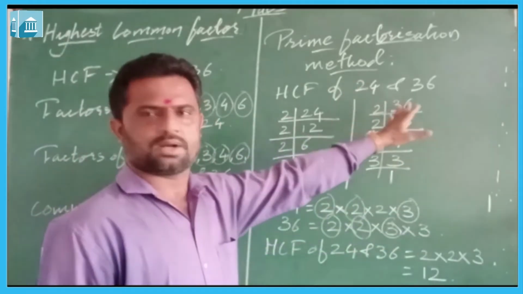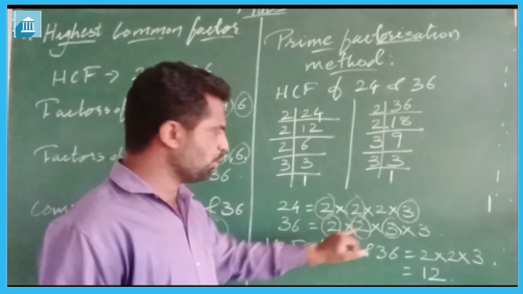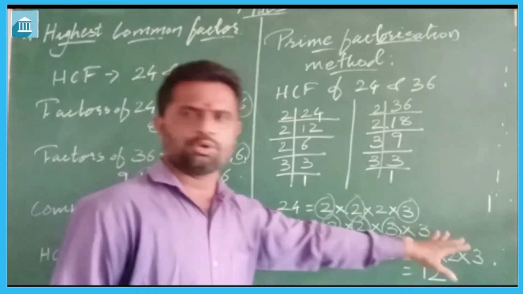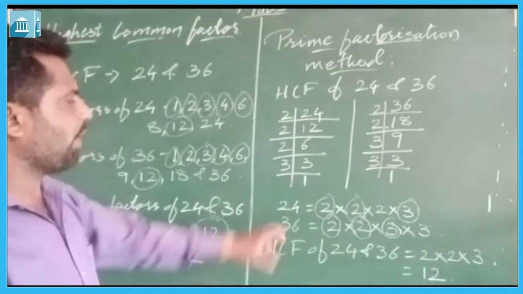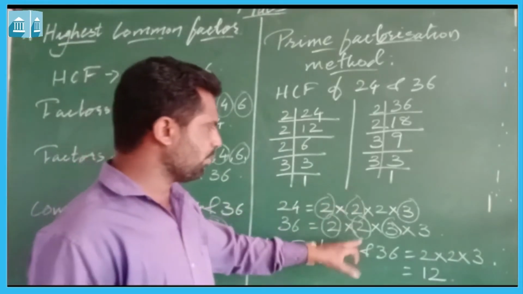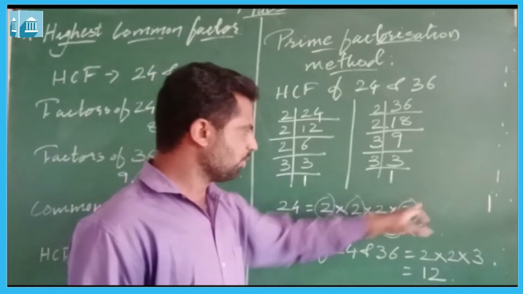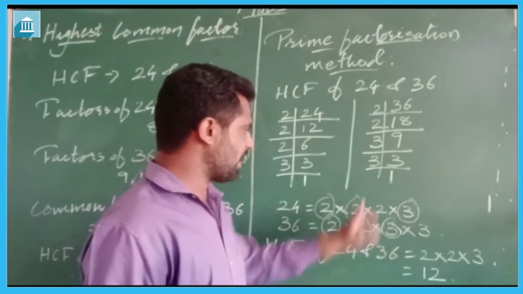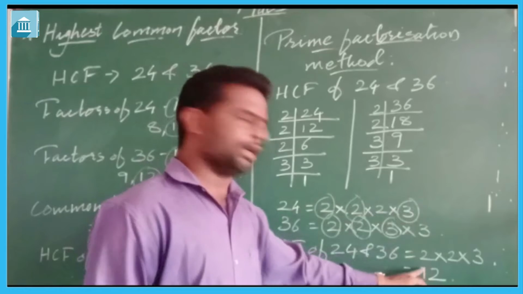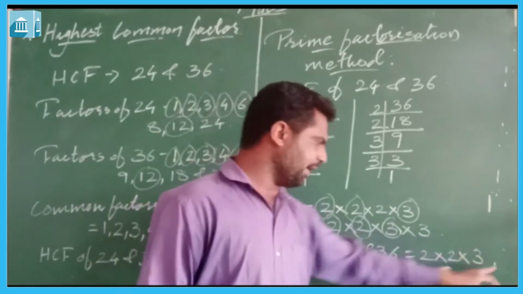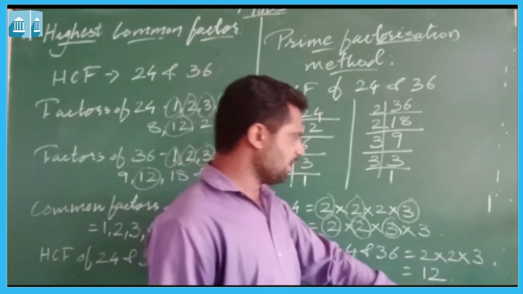Prime factorization of 36 we have done, it will be 2 into 2 into 3 into 3. Now we have to find out the common among both, that is 2, 2, 3. This we have to take one time only, 2, 2 and 3. So 2 into 2 into 3, and so the HCF is 12.